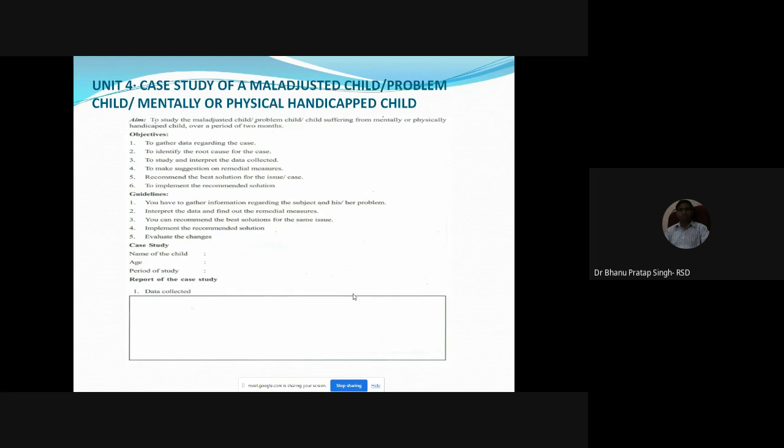Guidelines are there, means the researcher has to gather information regarding the subject and the problems related to the child. Interpret the data and find out the remedial measures.